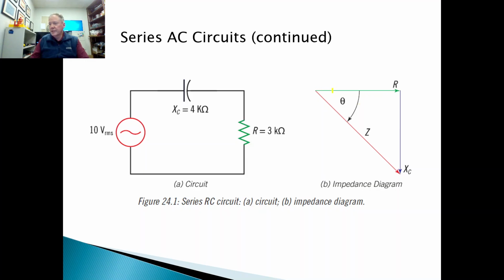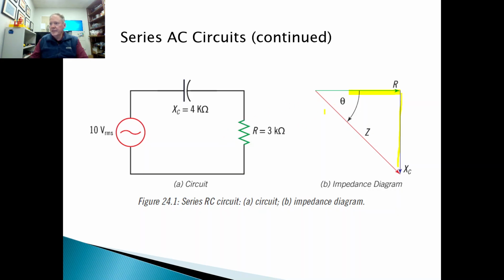And remember, the phasor for the resistance is always at 0 degrees, right? So this one here is at 0 degrees. And then the reactance for a capacitor is at negative 90, right? So it's going down. And then, of course, X of L is a positive 90.